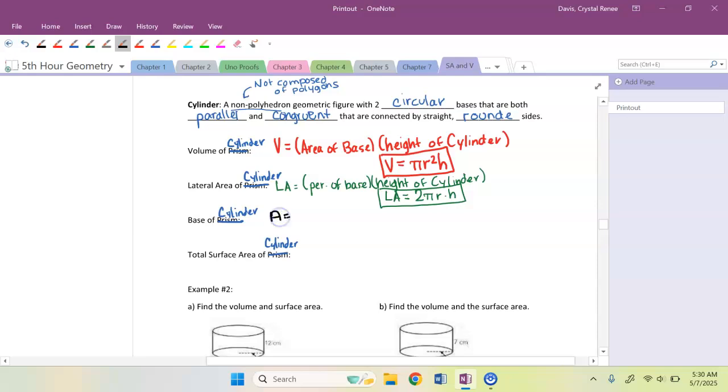The area of the base of the cylinder is always pi r squared because it is a circle. And so the total surface area of the cylinder is 2 times the area of the bases plus the lateral area, which is the perimeter of the base times the height of the cylinder.